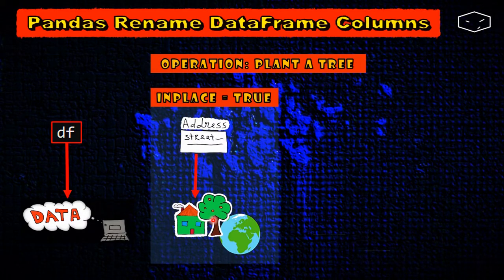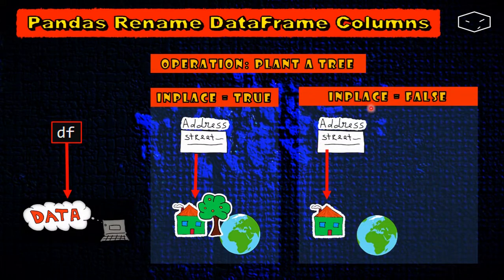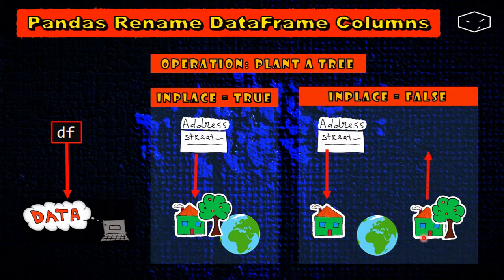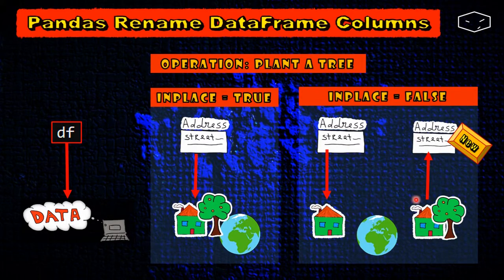On the other hand, if you say that inplace is false, it will make a copy of the house, build another house, then plant the tree on that house, and finally return a new address for the new house. I did this example this way because I think it's very easy to understand the implications of using true or false in the inplace parameter.